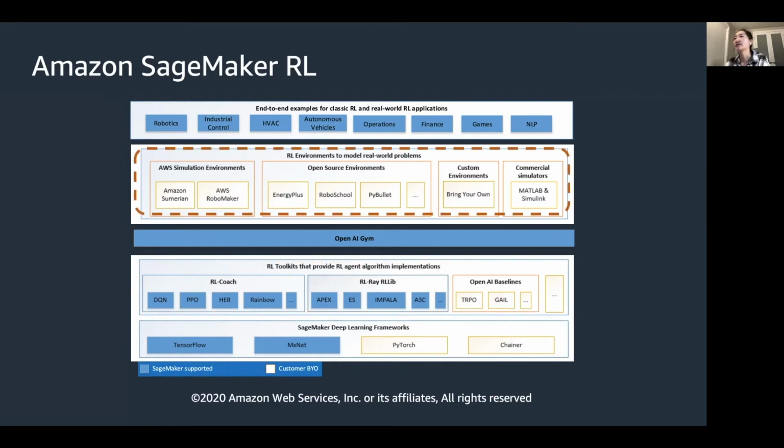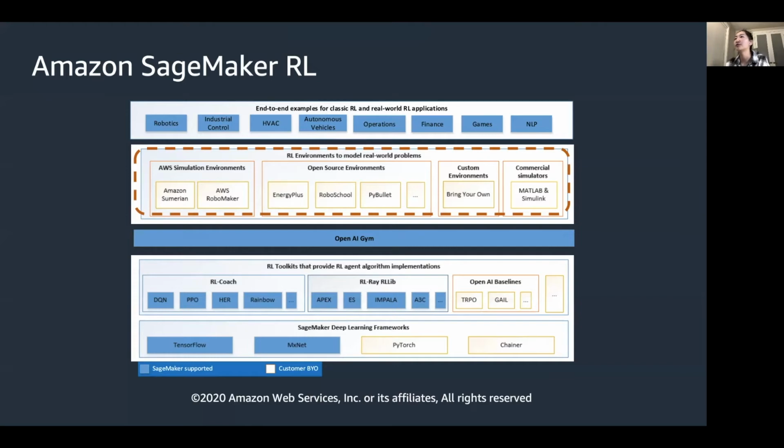When it comes to simulation environments, Amazon SageMaker RL enables you to connect to various types of simulators. First, it supports first-party simulators such as AWS RoboMaker, as well as other open-source simulation environments that are developed using OpenAI interfaces. For example, EnergyPlus for HVAC and PyBullet for robotics applications.